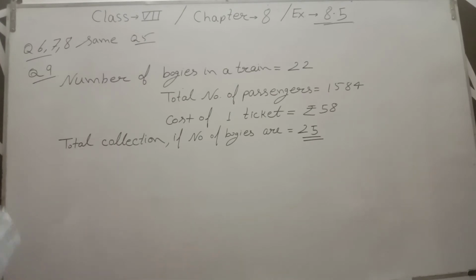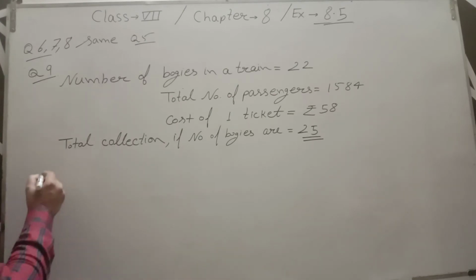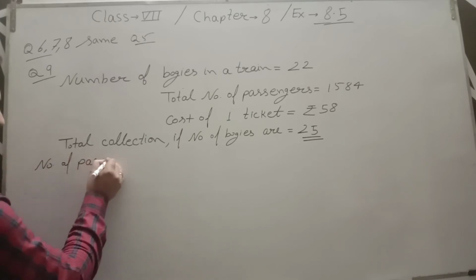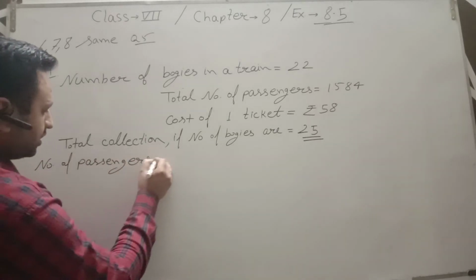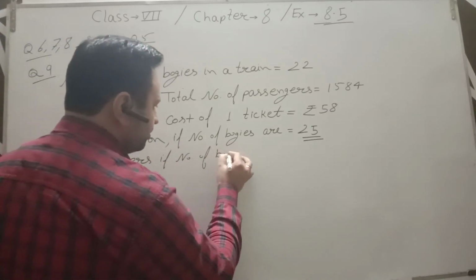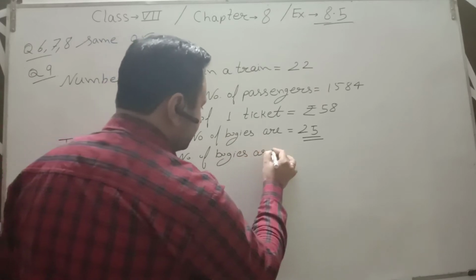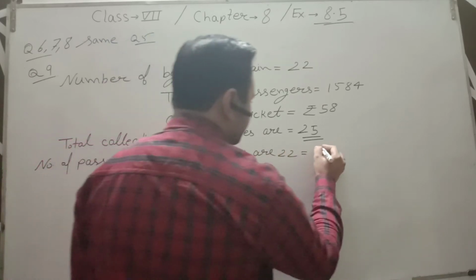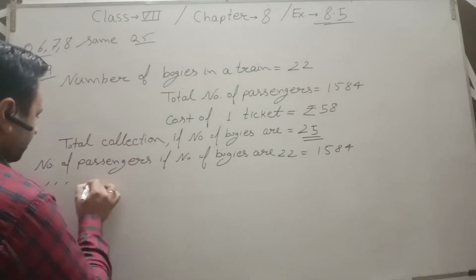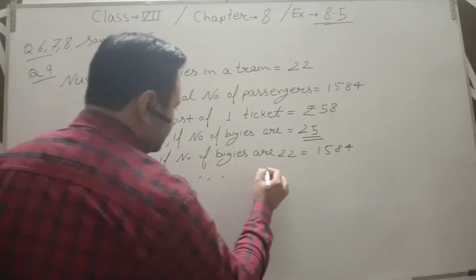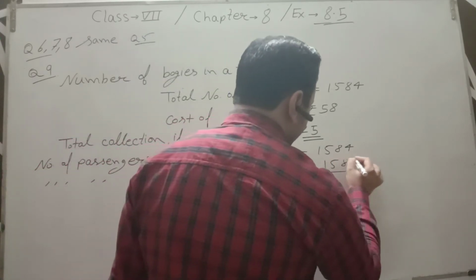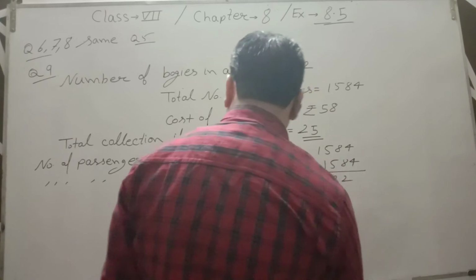So similarly we can use the unitary method. Number of passengers if the number of bogies is 22: 1584. Number of passengers if the number of bogies is 1: 1584 upon 22.